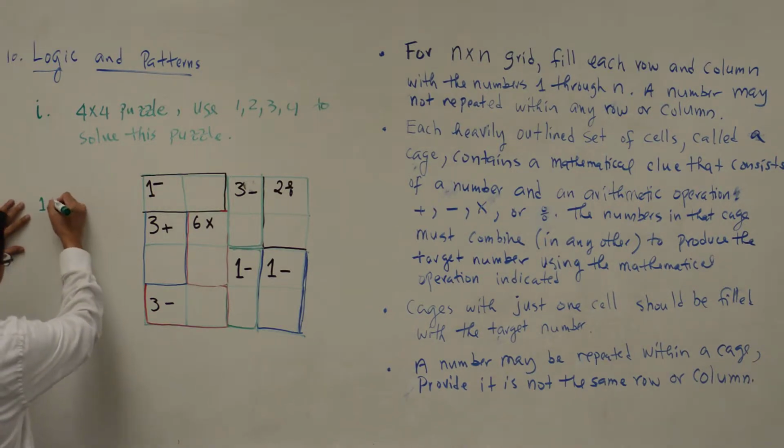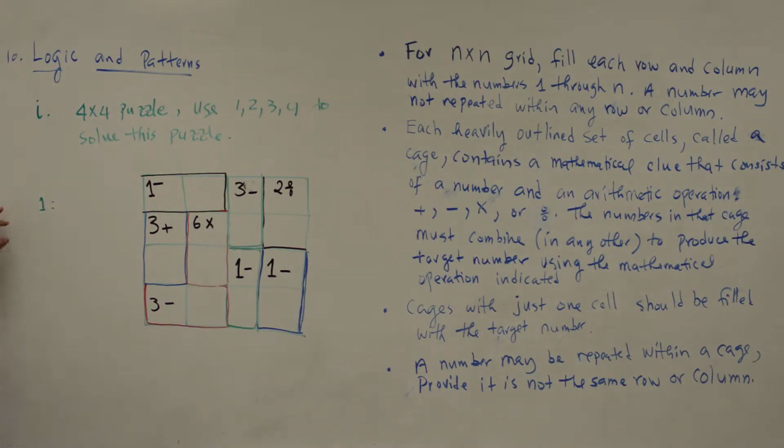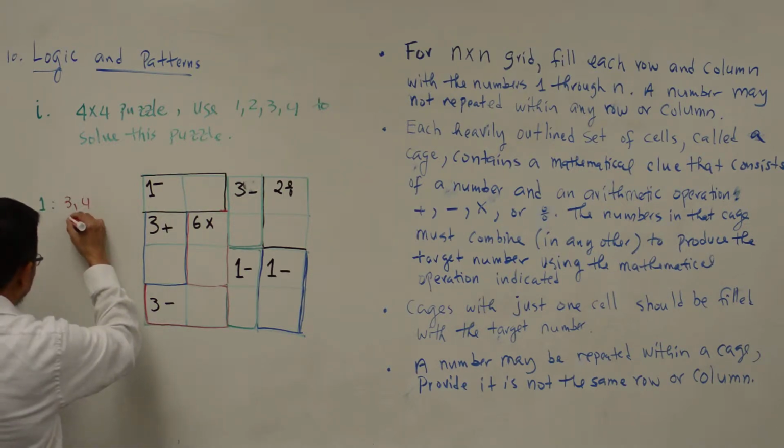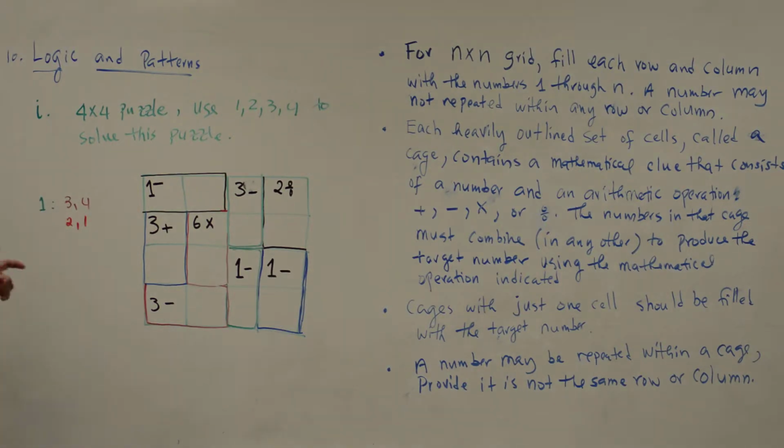For 1 we can have 3 and 4, or 2 and 1. 4 minus 3 is 1, 2 minus 1 is 1, right?